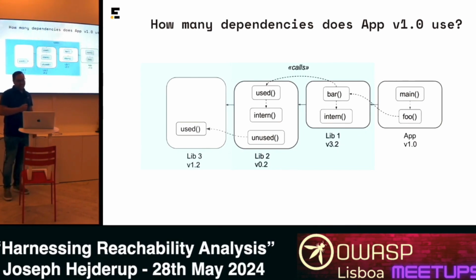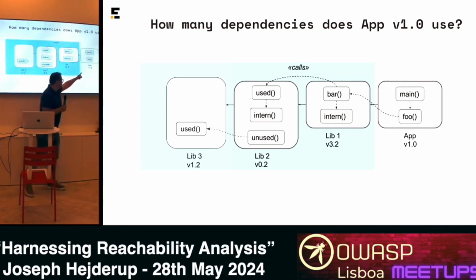How many dependencies does app version 1 use? How many dependencies? Two dependencies. One dependency? No, two. Dependency here means the library dependencies.